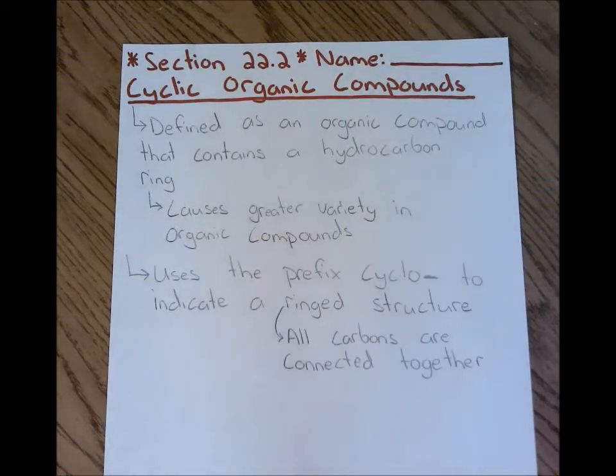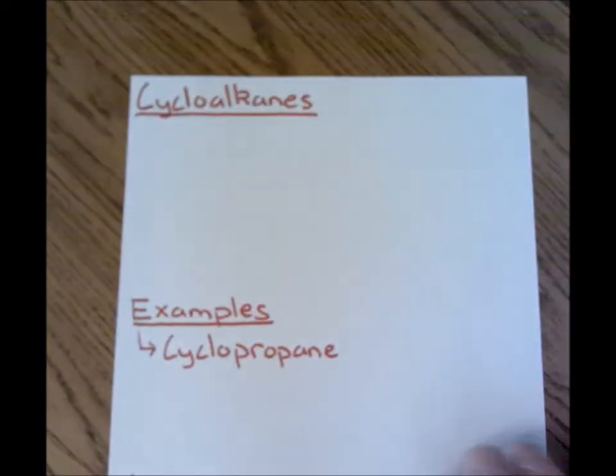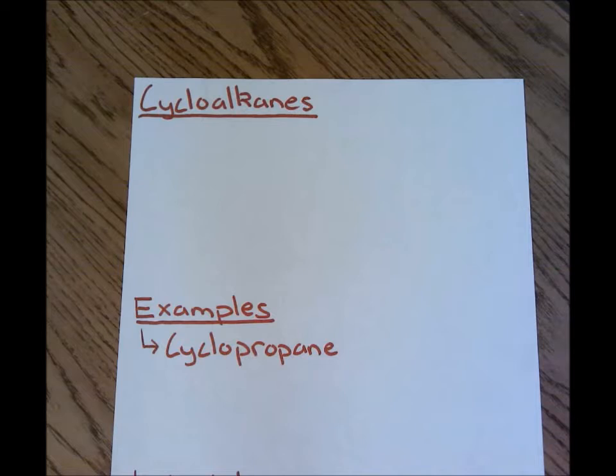And so hopefully this will make a little bit more sense as we transition from this generic definition of a cyclic organic compound to specifically our cycloalkanes, and that's the next thing that we will be talking about. So cycloalkanes are defined as cyclic hydrocarbons with only single bonds.